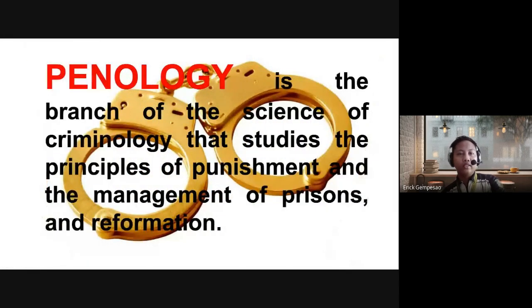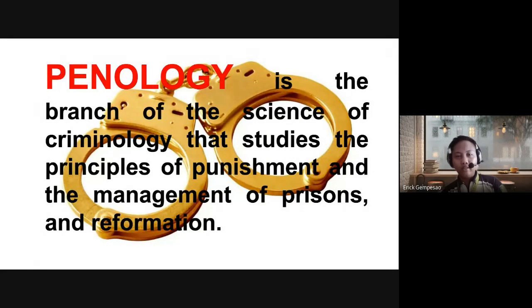A very important term is penology. If you study penology and specialize in correction, then you might call yourself a penologist, just like a criminologist. But of course, as a criminologist, you are also considered a penologist because penology is a branch of criminology.